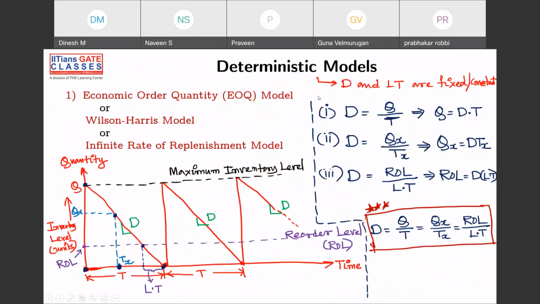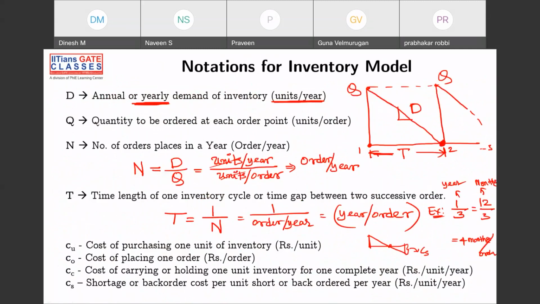Now let's have some notations. Already some of the notations are clear to you, but yet again we'll introduce some system here so that we'll follow the system throughout the classes. D is the demand rate or consumption rate.